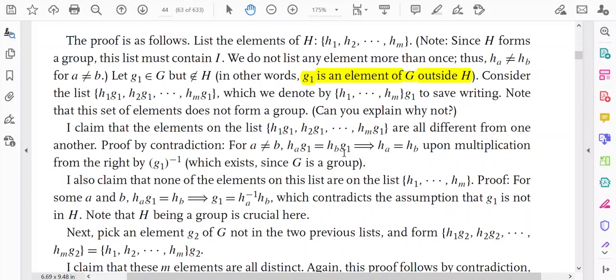But if Ha g1 equals Hb g1, we can say that Ha is equal to Hb, upon multiplication from the right by g1 inverse.